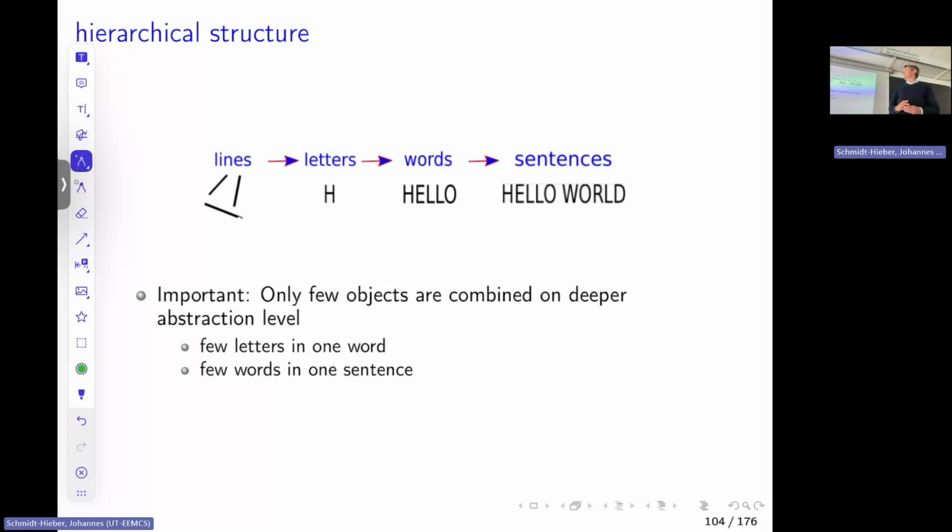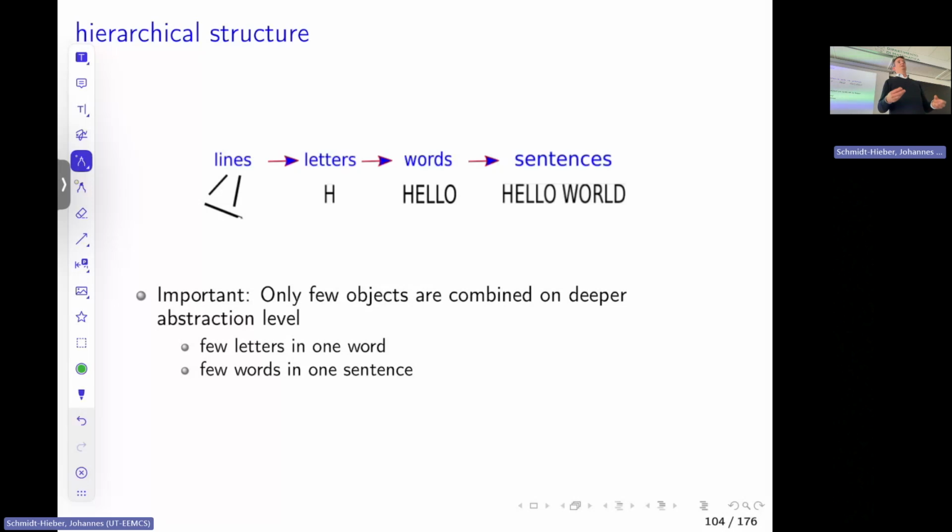Now, a low-dimensional structure hidden in that assumption is that in every one of these abstraction layers, you're not going to take all the objects that you have built before. I mean, here's this thing, I don't like it so much, but if you build a word, you don't take all the letters in the alphabet to build a word. You just pick a few of them.